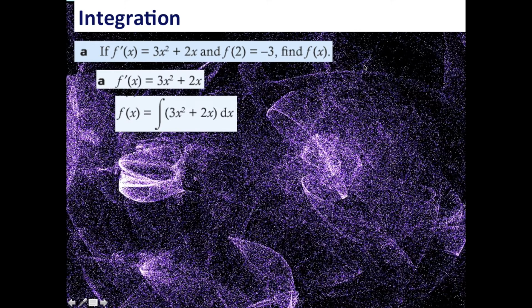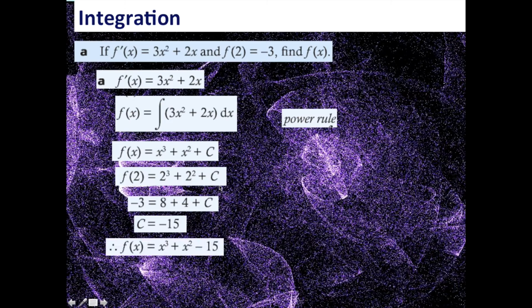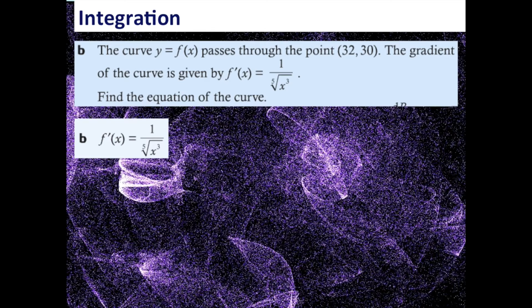So the first thing we can do is use the power rule to integrate this, and then the addition rule, and we're going to end up with f of x equals x cubed plus x squared plus c. We have this additional information here of f of 2, so we can say that f of 2, or -3, equals 2 cubed plus 2 squared plus c. That enables us to solve for c, which is -15. So therefore this is the particular solution.